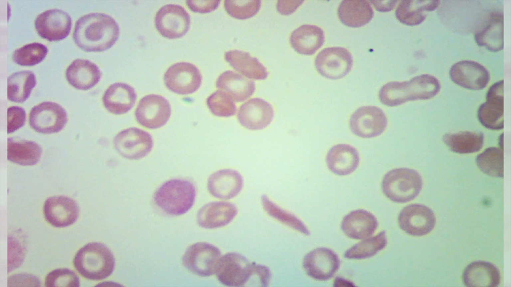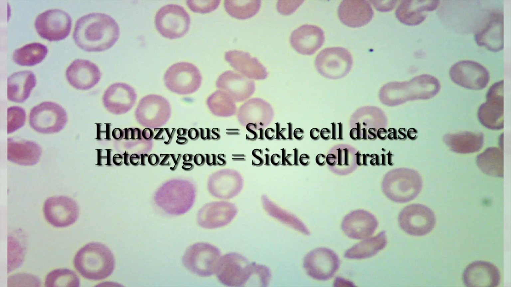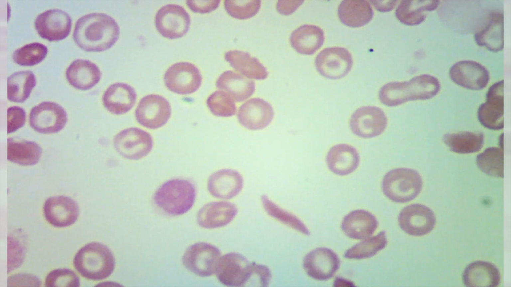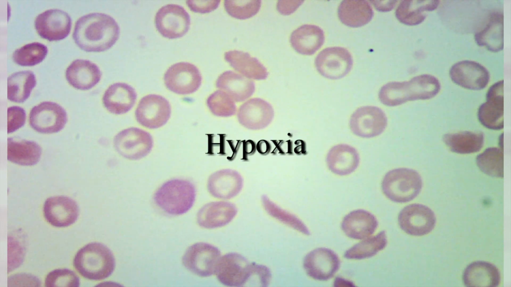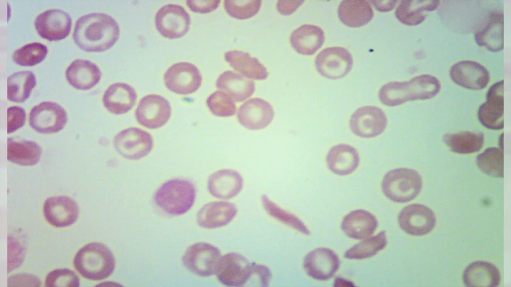Sickle cell can be either homozygous or heterozygous. When it is homozygous, it is referred to as sickle cell disease. When it is heterozygous, it's referred to as trait. Patients with sickle cell trait are usually asymptomatic most of the time, unless they are exposed to a very low oxygen concentration, a hypoxic environment, and that may cause their red blood cells to sickle.